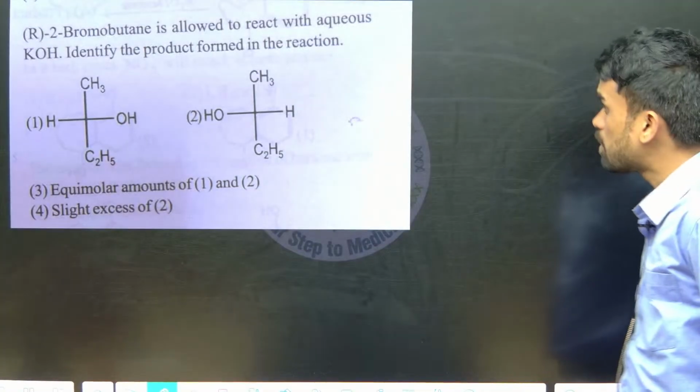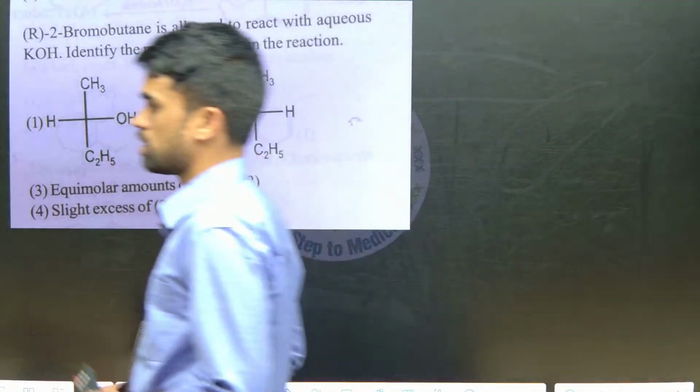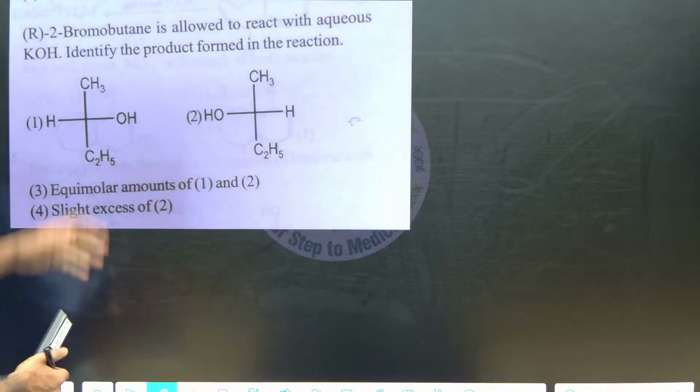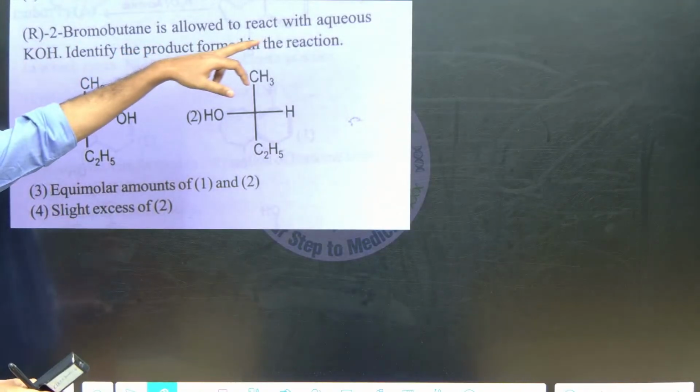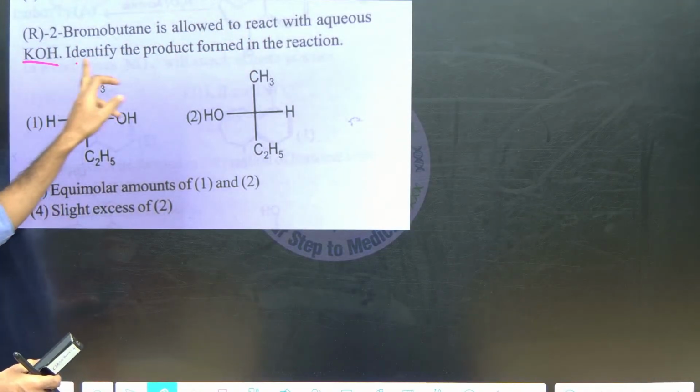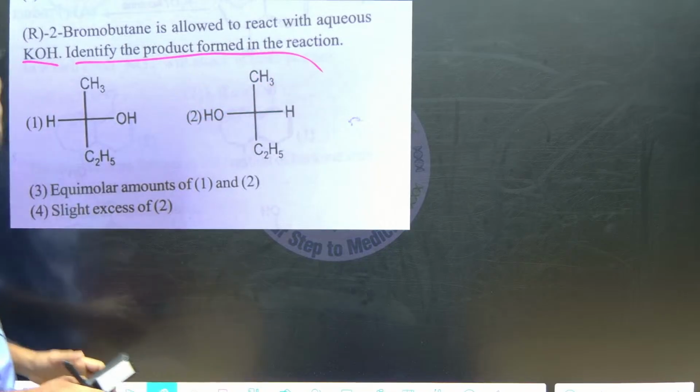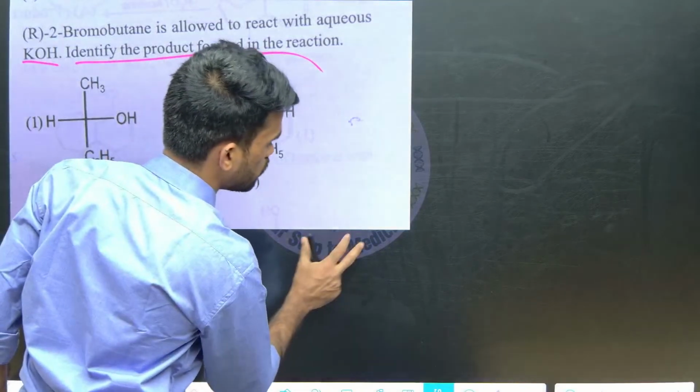Now what is happening here? See, we have a stereochemistry point of discussion here. 2-bromobutane is allowed to react with aqueous KOH. Identify the product formed in the reaction. See what they are saying: R-2-bromobutane is given.